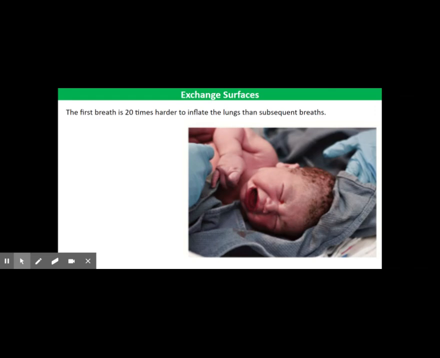The elastic tissue will never return to its original size. And so this intake of breath is only possible because of these special chemicals inside the lungs called the lung surfactants. The surfactants contain phospholipids and both hydrophilic and hydrophobic proteins.